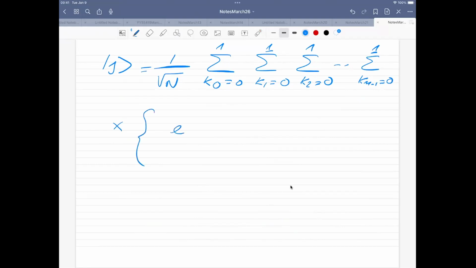And this is now multiplied with e to the 2 pi i, and then I have my j value divided by n. Now I perform this sum from k equals 0. Let's call this differently: I equals 0 up to n minus 1.